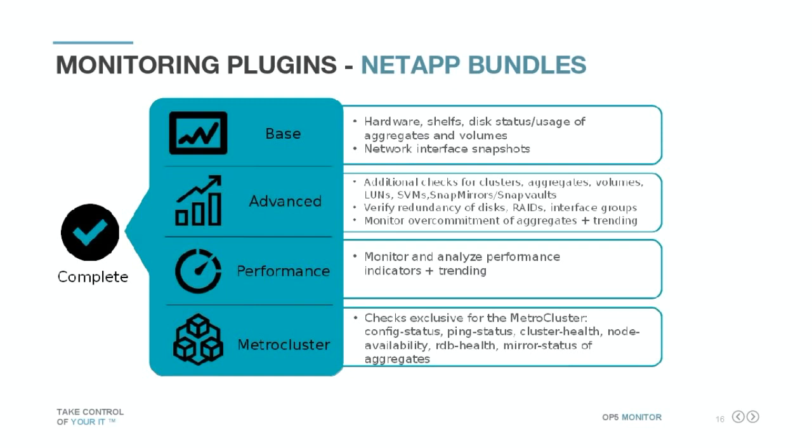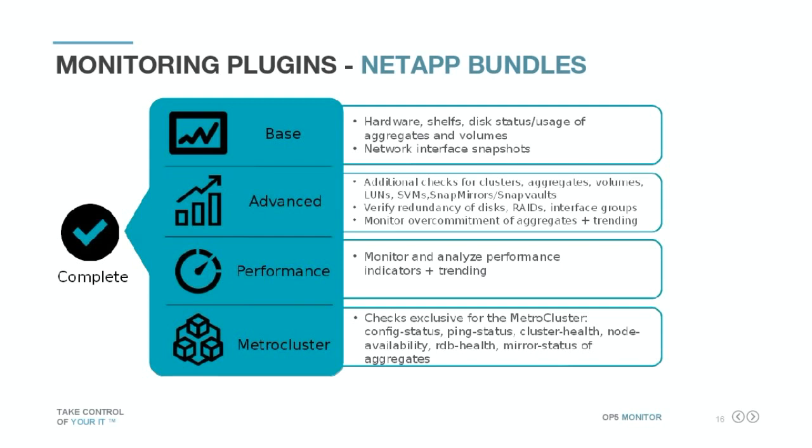Okay, about the bundles. We basically have 4 bundles: base, advanced, performance, and metro cluster. Altogether, those make the complete bundle. The base bundle is, as it says, basic checks regarding hardware and also snapshots, what's going on in your network. There are about 11 checks for that.